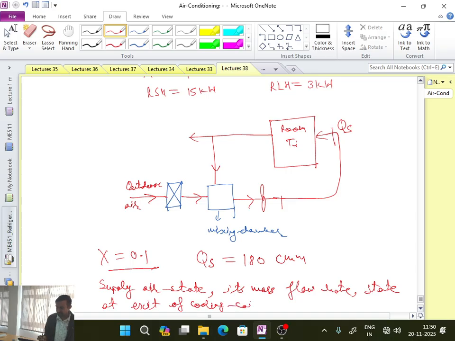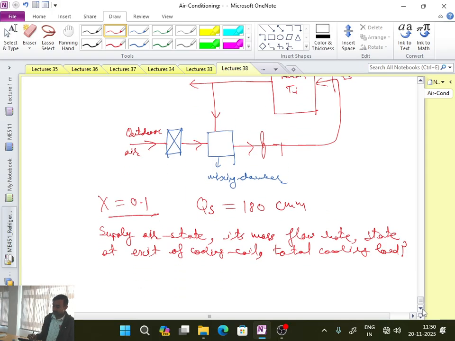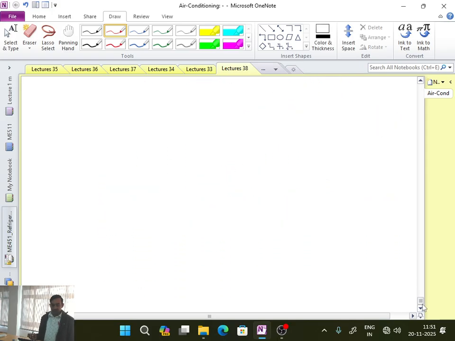It means the state of outdoor air which is cooled, at the exit of the cooling coil, and the last part is total cooling load. What is the total cooling load which is acting on the cooling coil? So these are the things we need to calculate. Can you solve this question? We have done so many now.